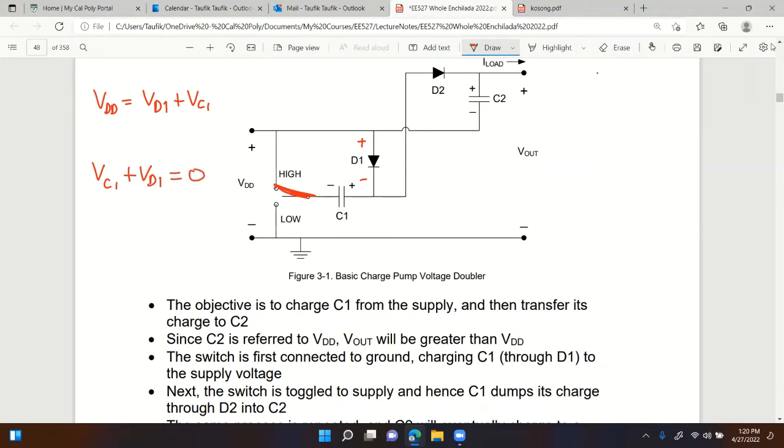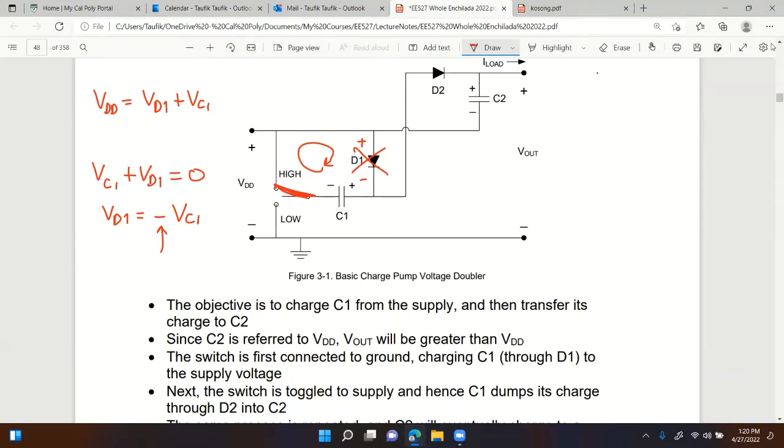Just this loop right here. If that's the case, then VD1 is equal to minus VC1. You see this negative sign? That means as soon as I connect the switch to the high position, D1 turns off. Any question on this one?